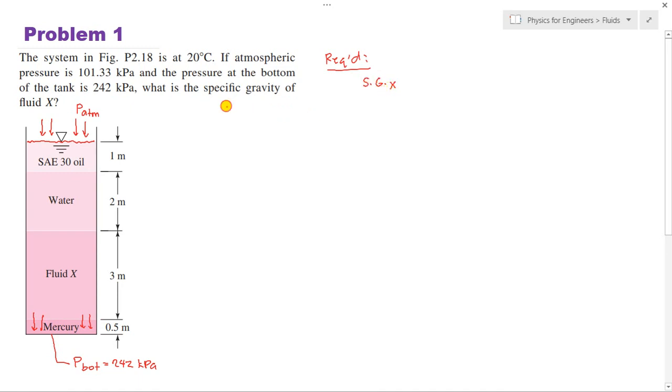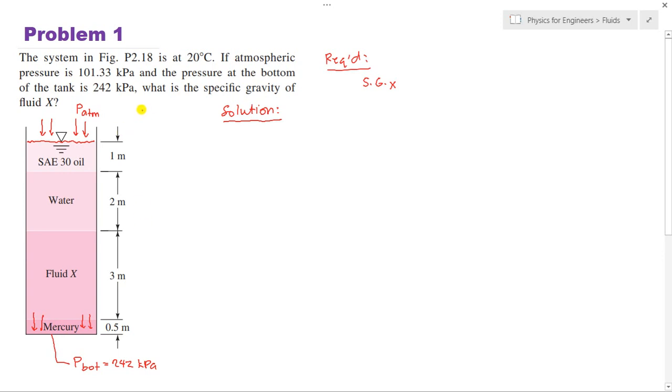Okay. Then solution. Now, given this figure or data, the pressure at the bottom is just the sum of the pressures from top to bottom.